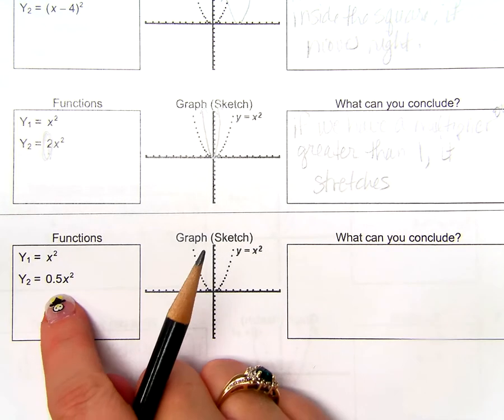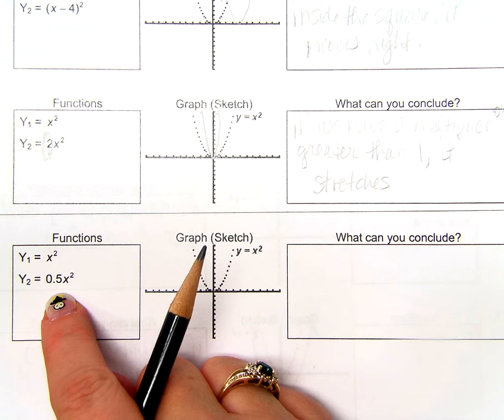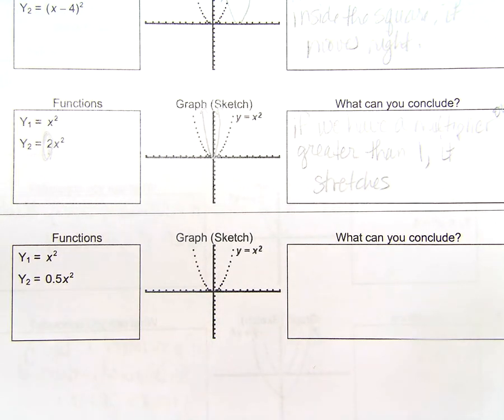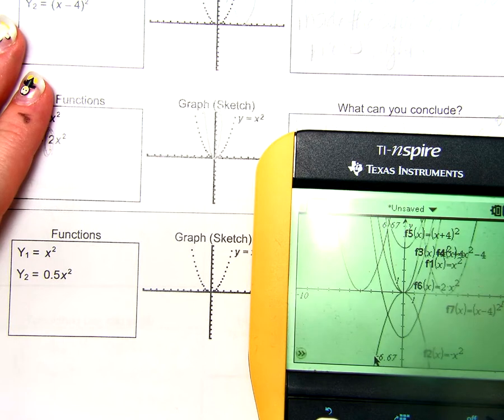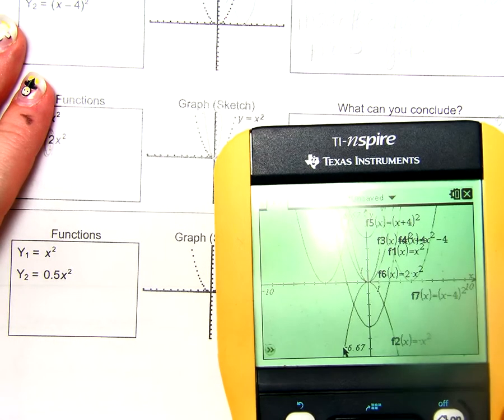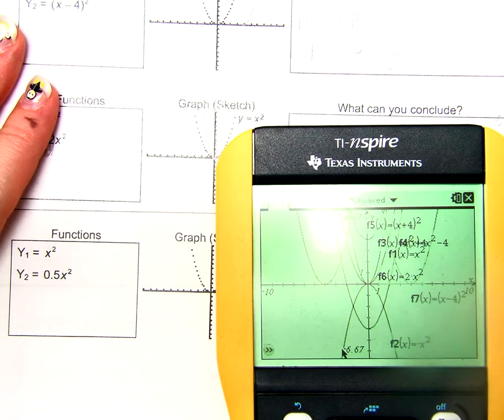So what happens here? What do you think is going to happen? It gets bigger? Fatter? That's not really a nice word. So tab 0.5 x squared.